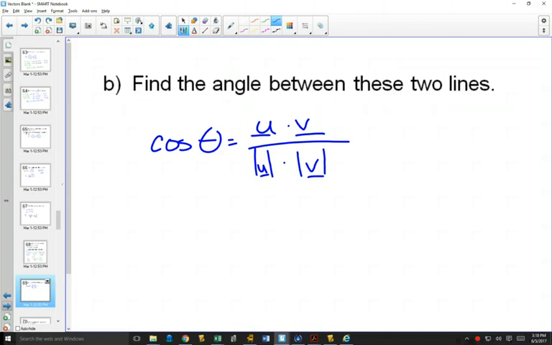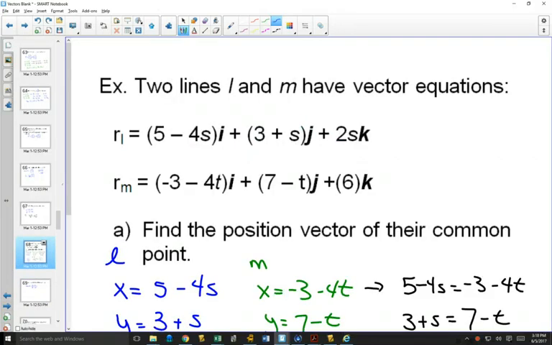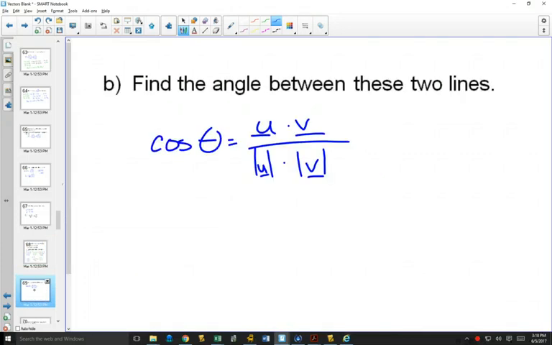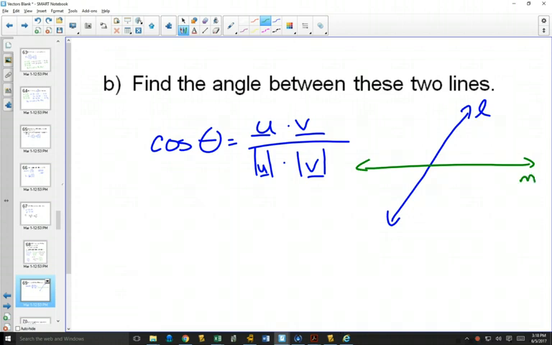Now the thing we have to consider is we have vector equations of lines here. We've got our blue line L, so I'll draw that here just so we can imagine it. In 3 dimensions, this is our blue line L. We had our green line M in 3 dimensions here. There is some point P where they intersected, which we figured out already was negative 7, 6, 6. And we want to find what is the angle between these two lines.